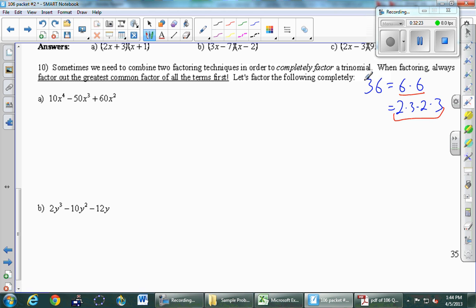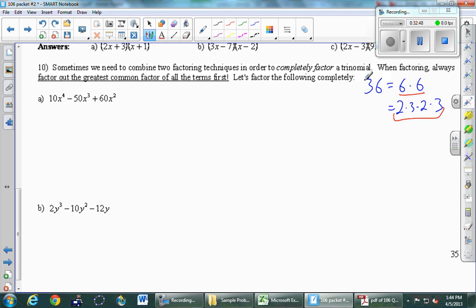There's something funny happening. So I've underlined what I think is the very first thing to try for any kind of factoring problem, and that's to factor out the greatest common factor of all the terms first. So looking at the 10 and the 50 and the 60, what number goes into all of them? 10 goes into all of them. And then looking, I have x to the 4th. So imagine 4 x's laid out in the first term. And then you have x cubed.